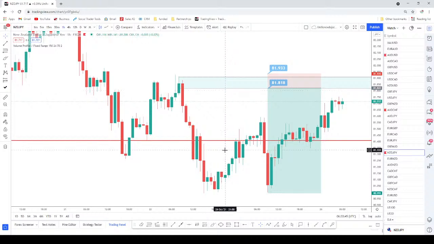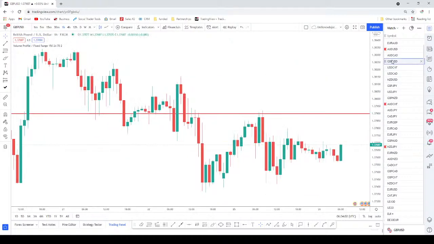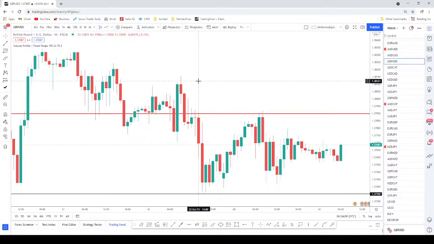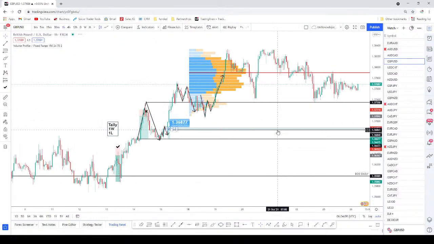I see Mikhail wants us to take a look at GU. I think we had a setup on GU on Monday, if I'm not mistaken. Let's see. No, Monday didn't work out for GU.